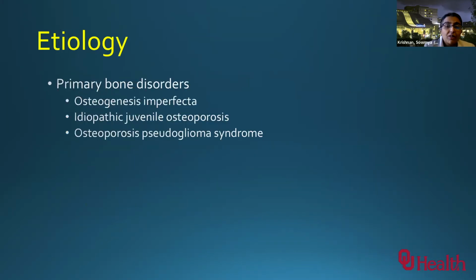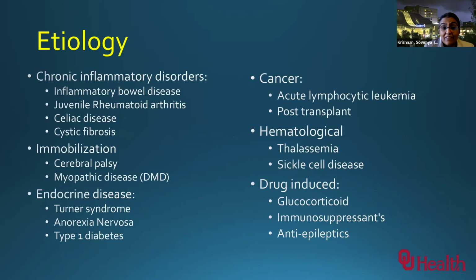So what is the etiology of pediatric osteoporosis? They can be broadly classified as primary bone disorders like osteogenesis imperfecta, idiopathic juvenile osteoporosis, osteoporosis pseudoglioma syndrome, or it could be secondary disorders which influence bone health: systemic diseases or systemic treatment with medications that influence bone health. And those are a multitude of diseases.